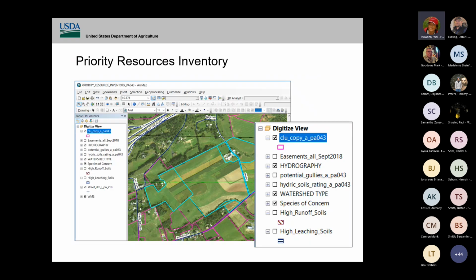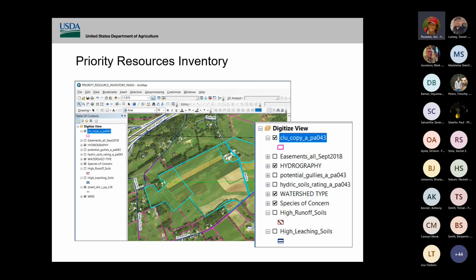And then, okay, here's another source of soils data, the Priority Resource Inventory map, which I understand that some of you, especially the newer planners, really like and appreciate, and the more experienced ones think it's just one more thing to print out and throw in the folder. But what the Priority Resource Inventory map does is you can bring up a whole bunch of things all at once.